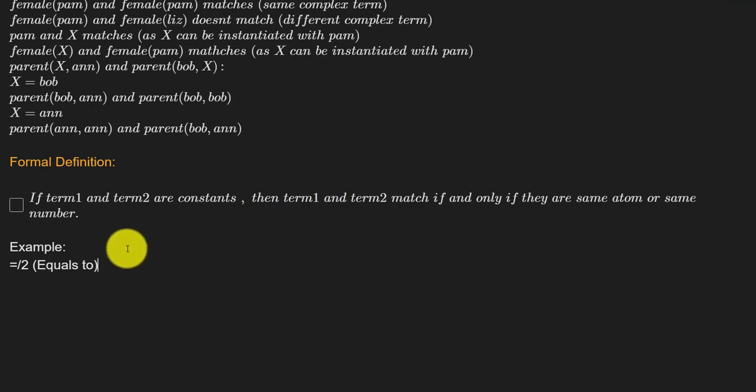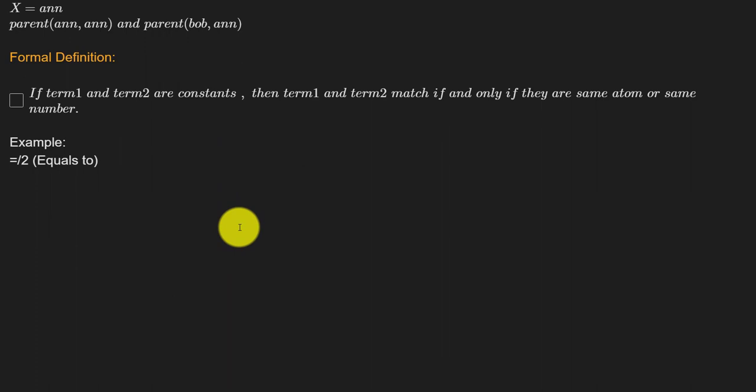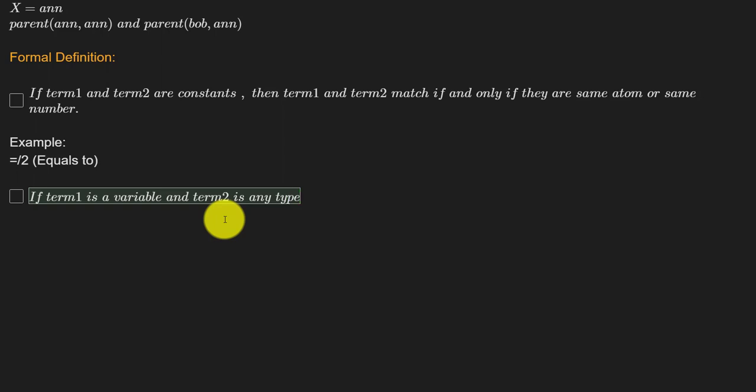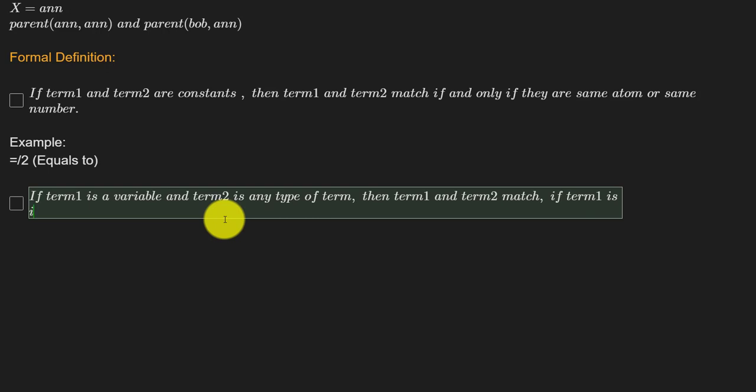If term 1 is a variable and term 2 is any type of term, it could be an atom, or a constant, or a variable as well, then term 1 and term 2 match if term 1, which is a variable, is instantiated with term 2.